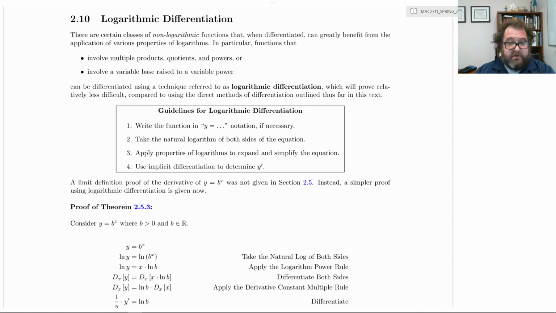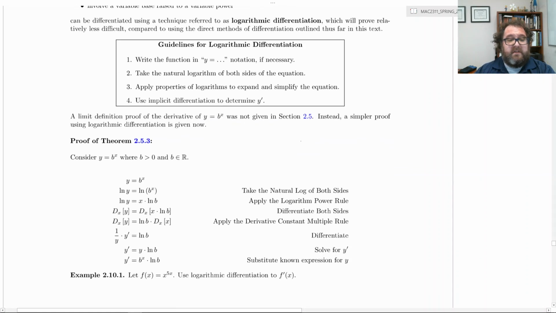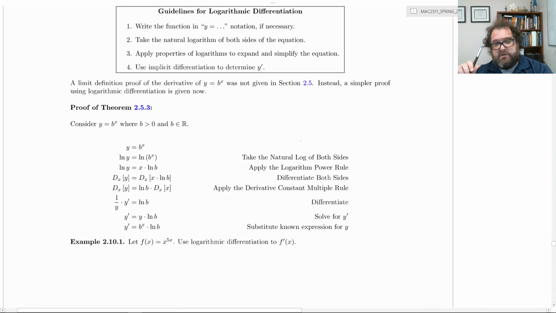Now, here's an example to show you what I mean. Proof of theorem 2.53. Remember when we were doing exponentials? I had a theorem way back. It was theorem 2.53, and part of theorem 2.53 said that if you want to find the derivative of b to the x, that's a non-base e exponential, well, then that was equal to b to the x times natural log of b, the base.